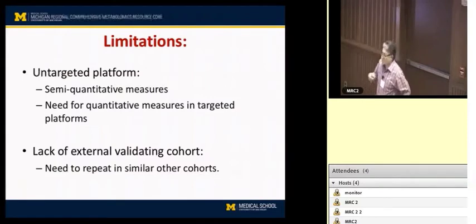So we still feel the need for verification of these results in a more quantitative method with a targeted platform. Plus, this was just one cohort, so we obviously need to replicate these findings with external validation, with other cohorts, to verify that what we found was real and impactful.